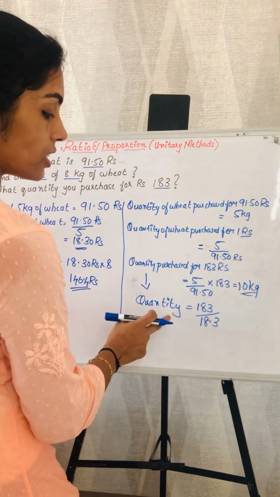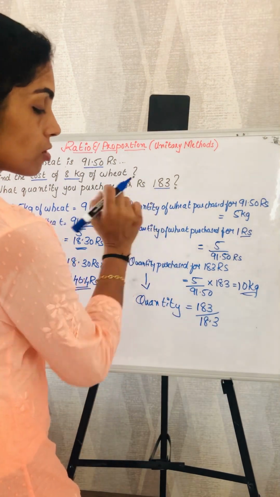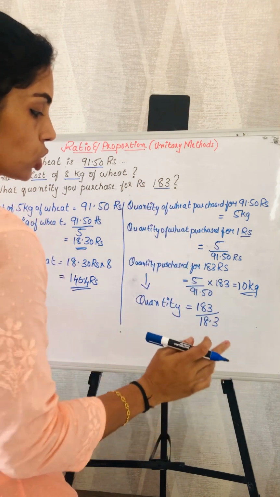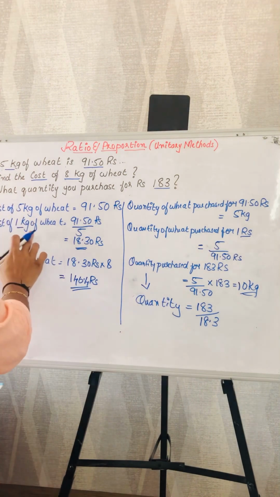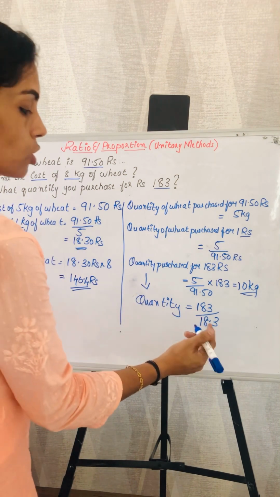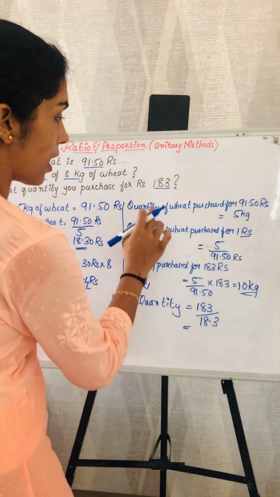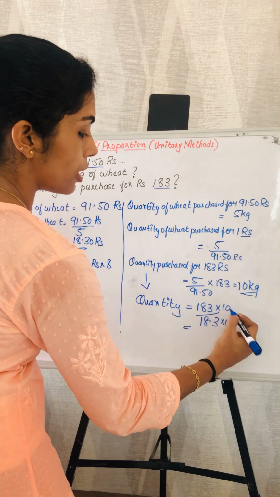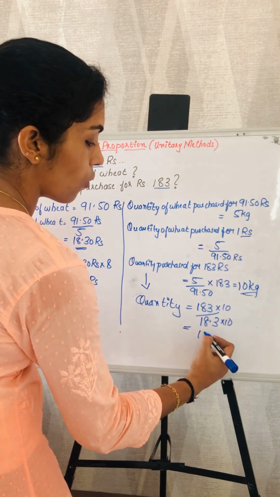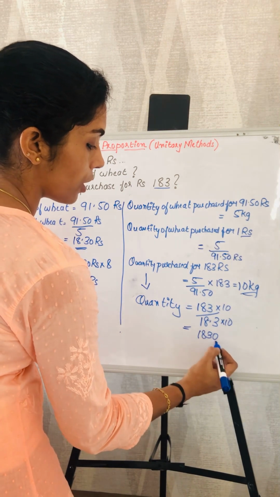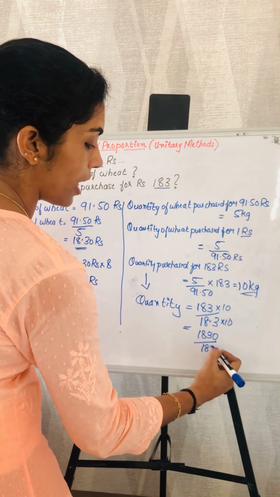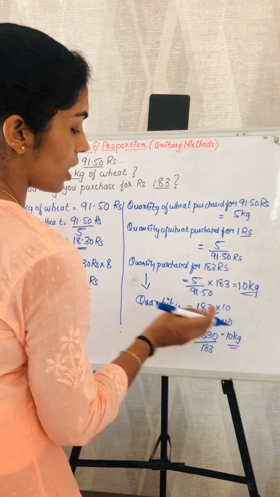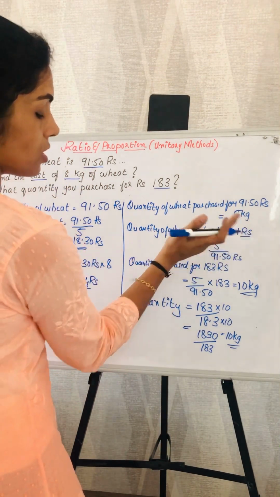So definitely you will get the quantity you can purchase with this 183, right? So in order to remove this decimal, multiply with 10. So what you will be getting? 1830 divided by 183. So what is the answer? 10 kg. So this is very simple than the first method, right?